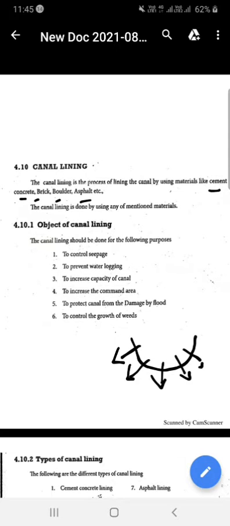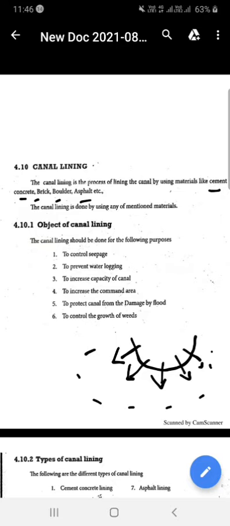Suppose this is the surrounding of the canal, then if this is porous, what happens? Water comes out of the canal, and then we will face some kind of losses. Losses means that the total capacity, suppose, was some 100 cubic meters, but due to this seepage loss, it reduces.